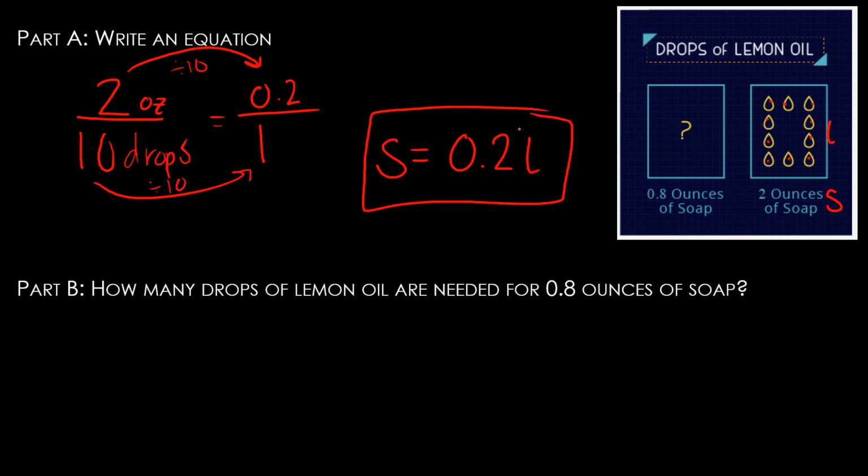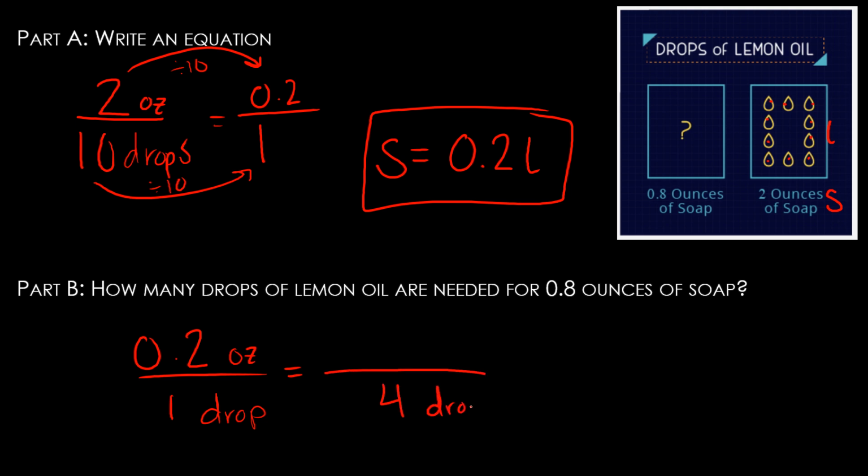Part B is asking me how many drops of lemon oil do I need for 0.8 ounces of soap. Well, if I take this unit rate, 0.2, remember this is ounces on top for every 1 lemon drop. If I want to know how many I need to get 4 drops of lemon oil, to go from 1 to 4, I'm going to multiply by 4.